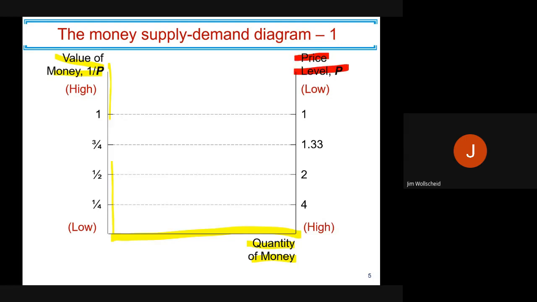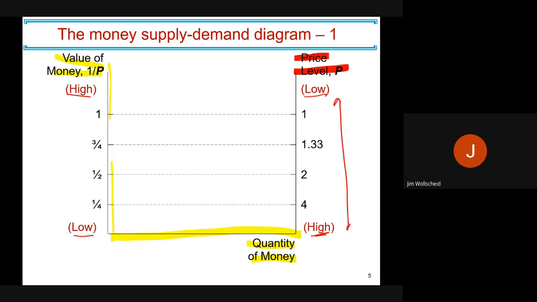Anything on the right side is so rarely used. I'm not a big fan of it, but it's what the book does: anything on the right side goes opposite. So here is a high number, all the way up is a low number. So it works opposite the value of money. And it should, because remember, they're inverses.